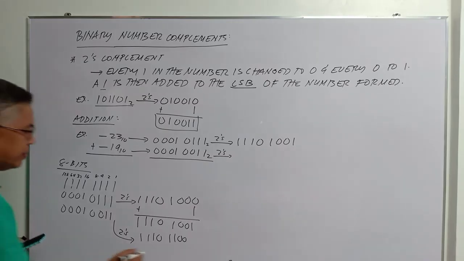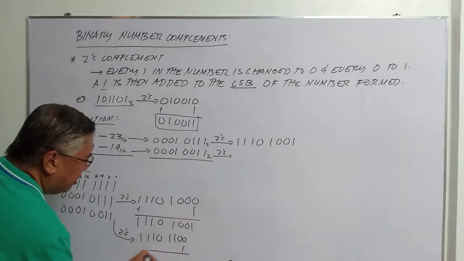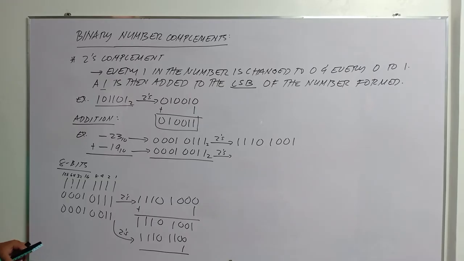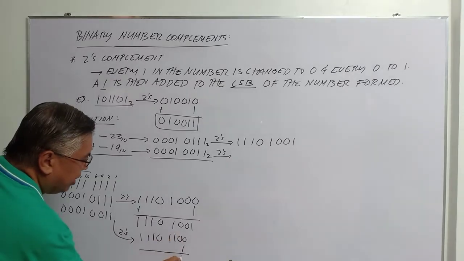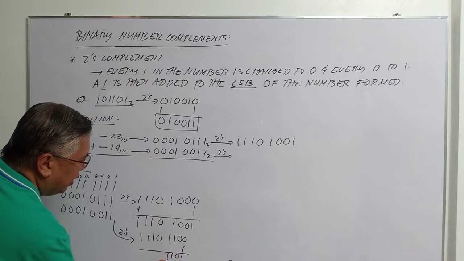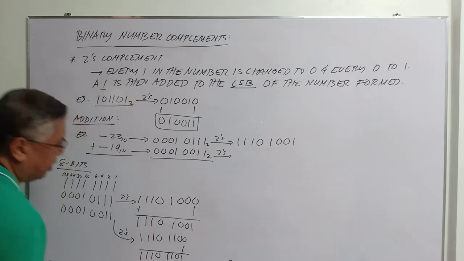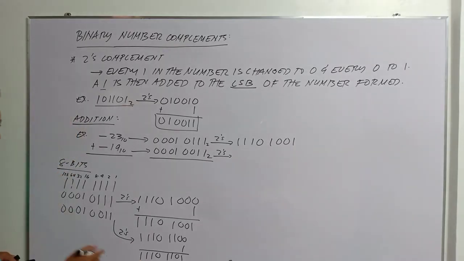Then, 1 is added to the least significant bit of the number formed. So this becomes 1, 0, 1, 1, 0, 1, 1, 1. So this is now the 2's complement equivalent of this particular number.